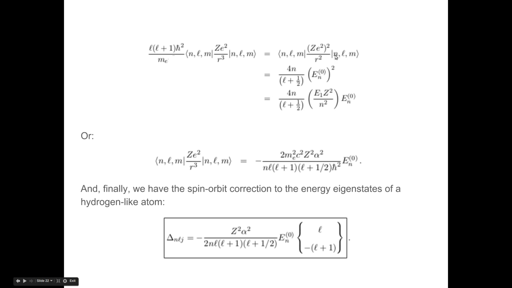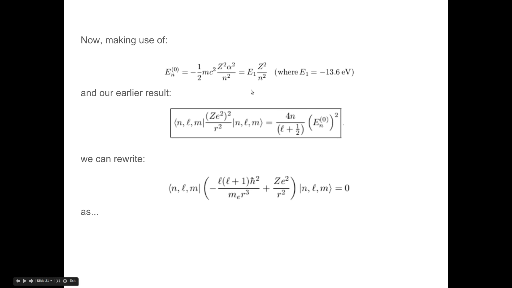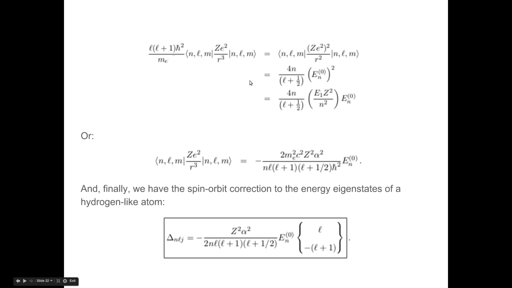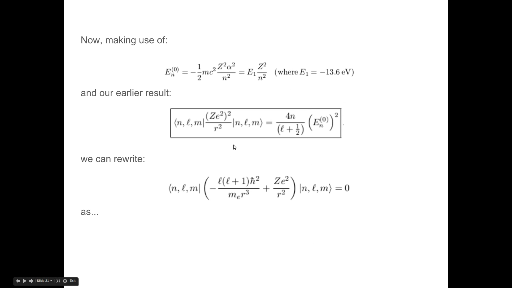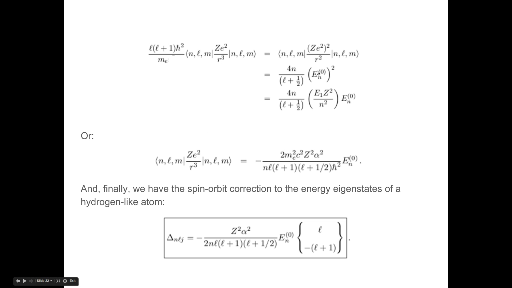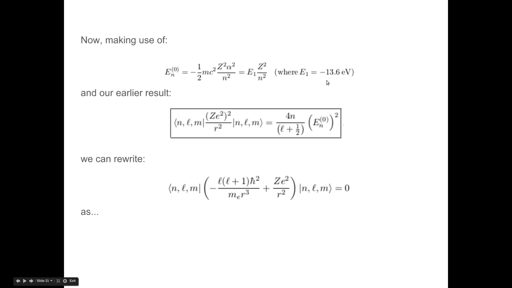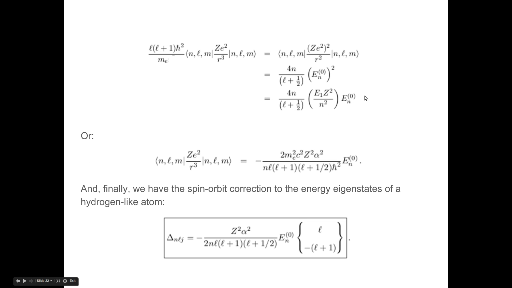Now I'll make use of this expression to evaluate this right-hand side. So that's what this stuff is, okay? And then I can use this relationship between these two to write the next line. That's where this next line comes from.